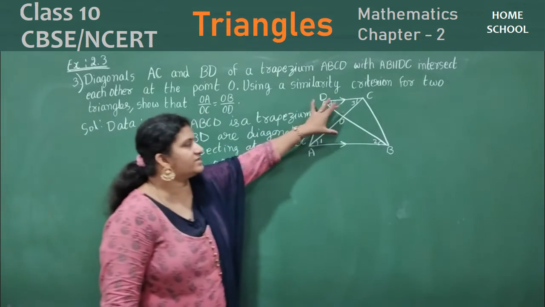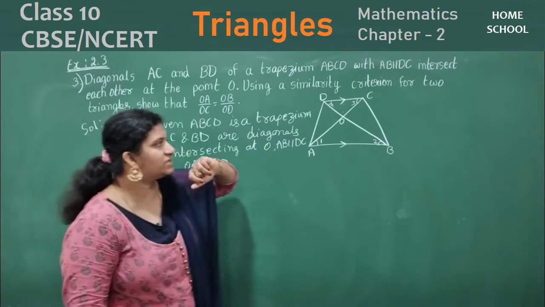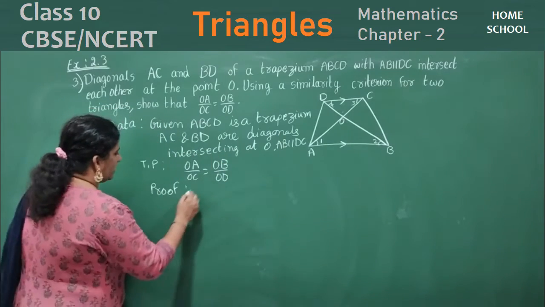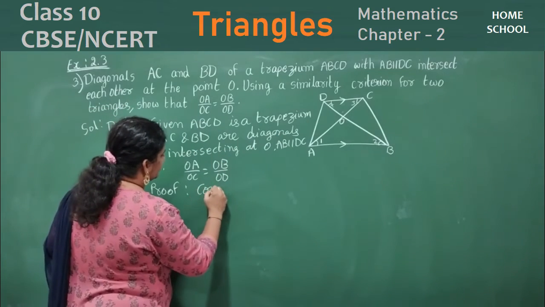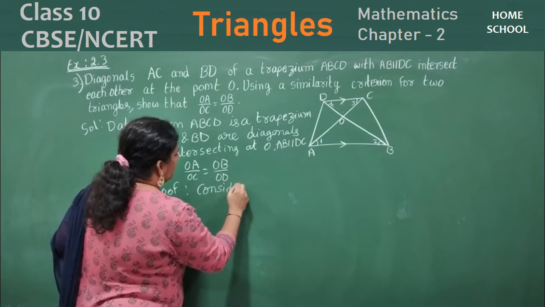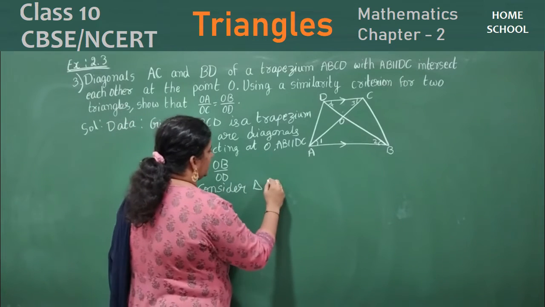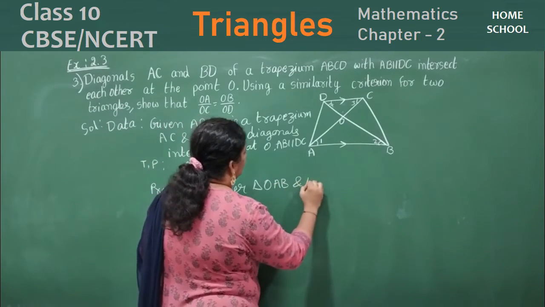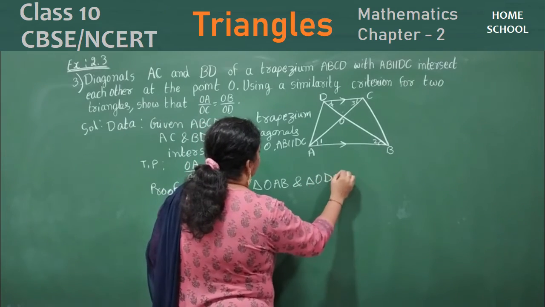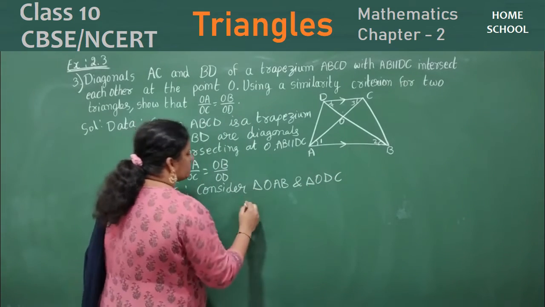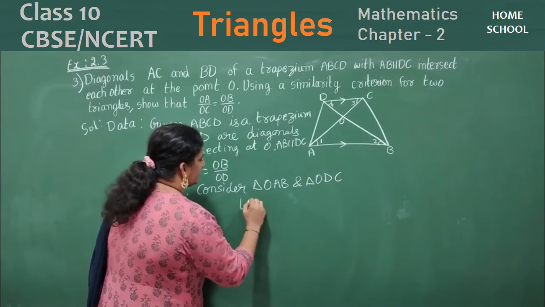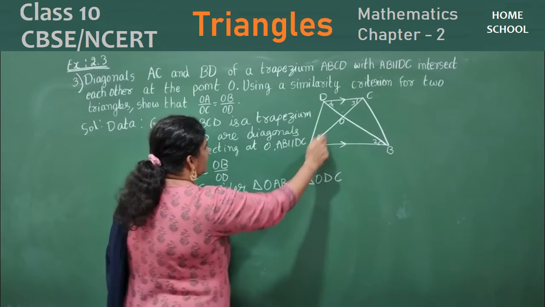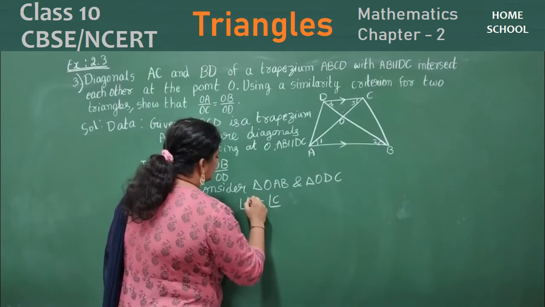So we are considering the two triangles. Can you observe the two triangles here, children? Therefore, let us consider the triangle OAB and triangle ODC.